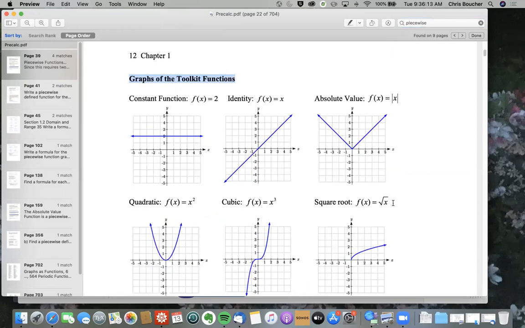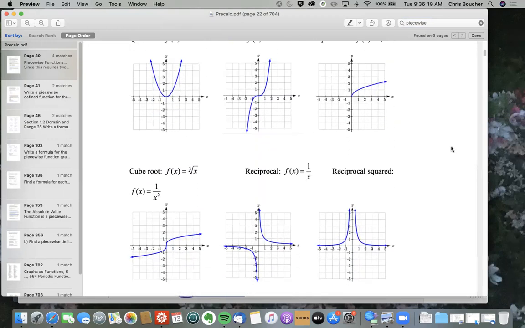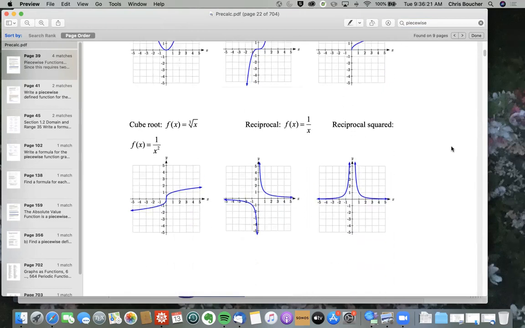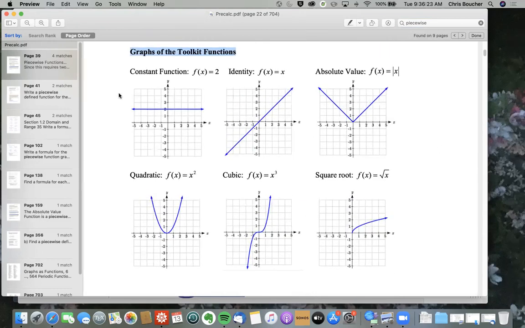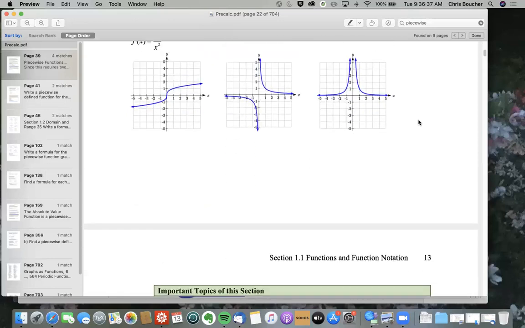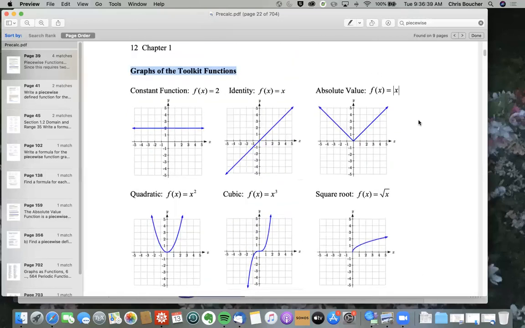These are all very basic atomic functions, and it would be useful to familiarize yourself with these graphs. It's not really an issue of memorization in this course. This is a remote online class, so you're always going to be able to look things up. But if these are in your toolkit, it will make your work faster and more efficient. This is on page 12 of the textbook.